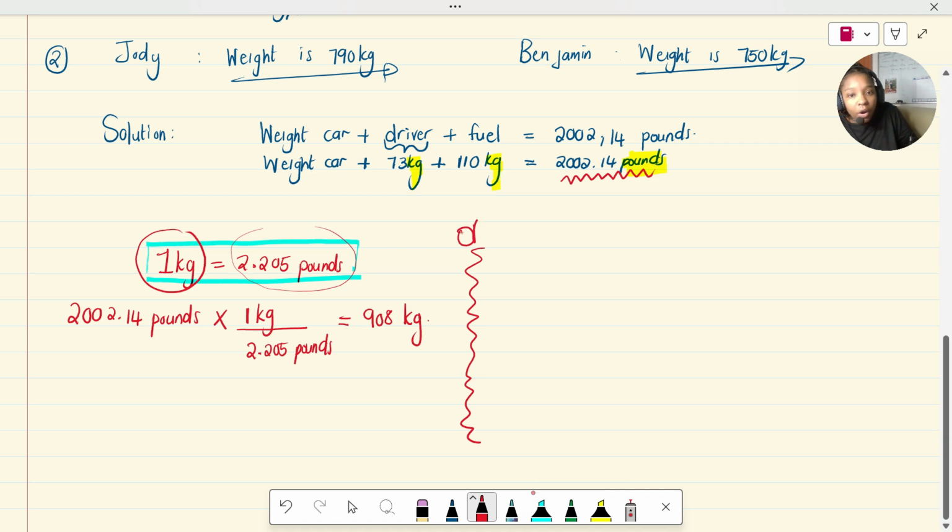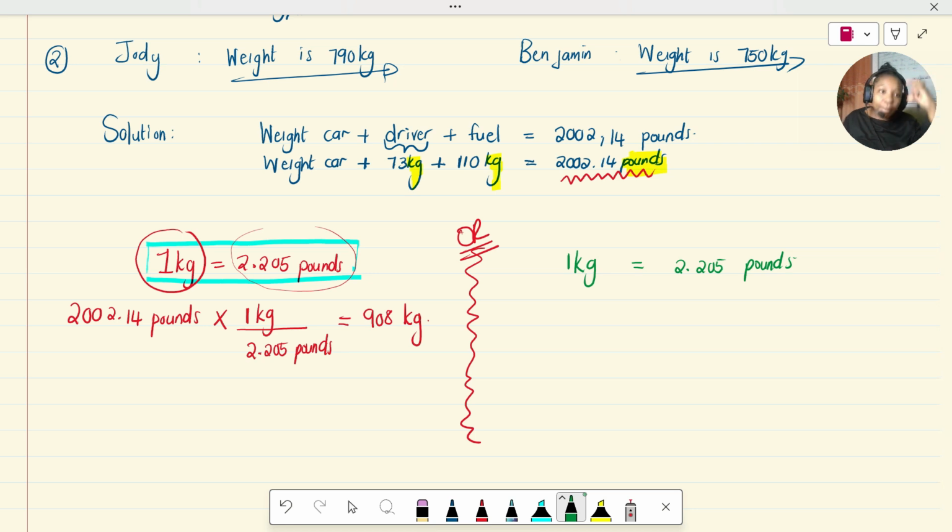Or if you want to use cross multiplication, remember, with cross multiplication, you write 1 kilogram is equal to 2.205 pounds. In this case, you are going to write your pounds under pounds.